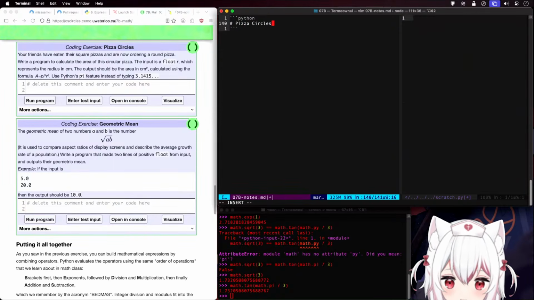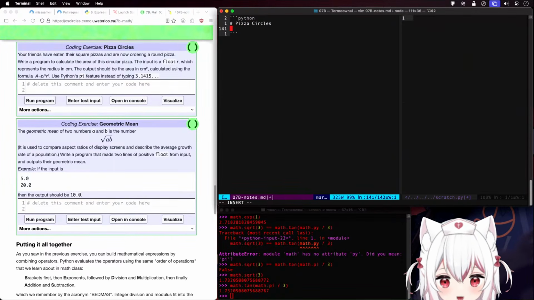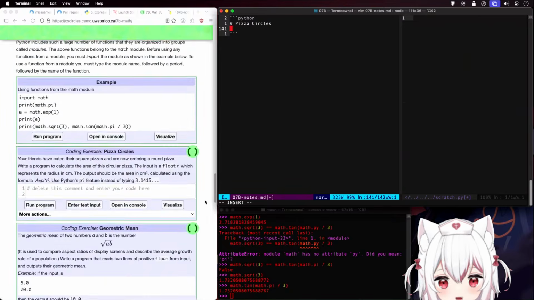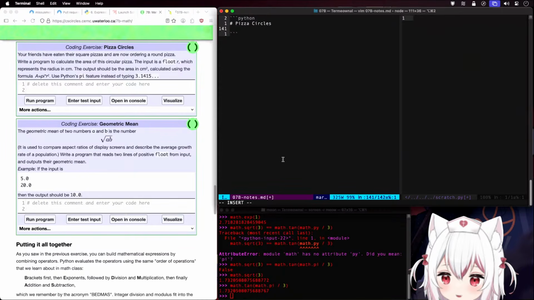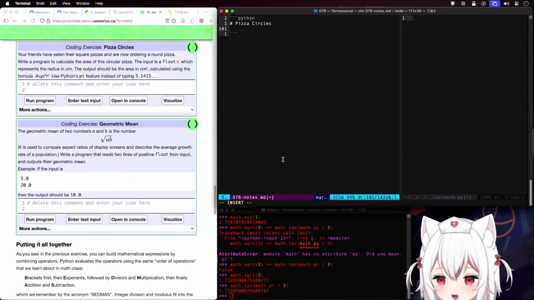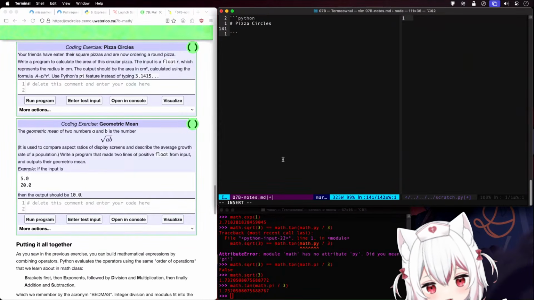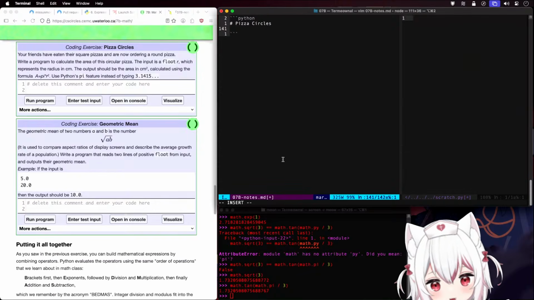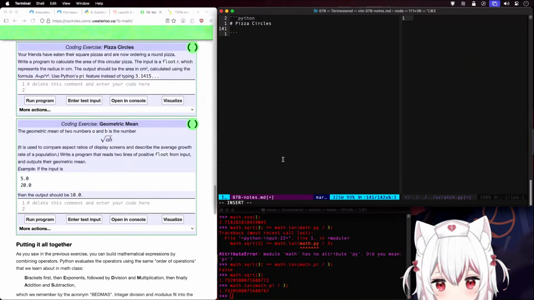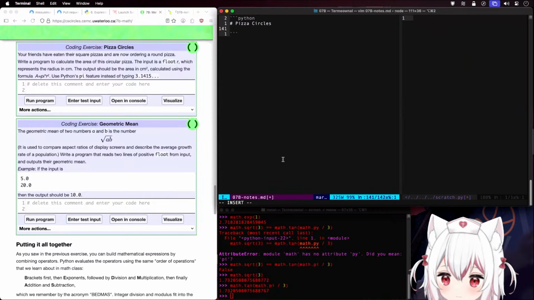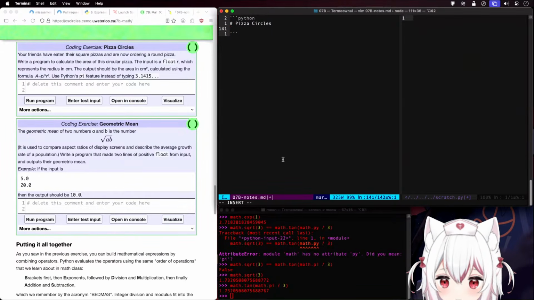Pizza circles. Didn't I do this one already? Oh, it was pizza squares the last time. Your friends have eaten their square pizza and are now ordering a round pizza. Write a program to calculate the area of the circular pizza.